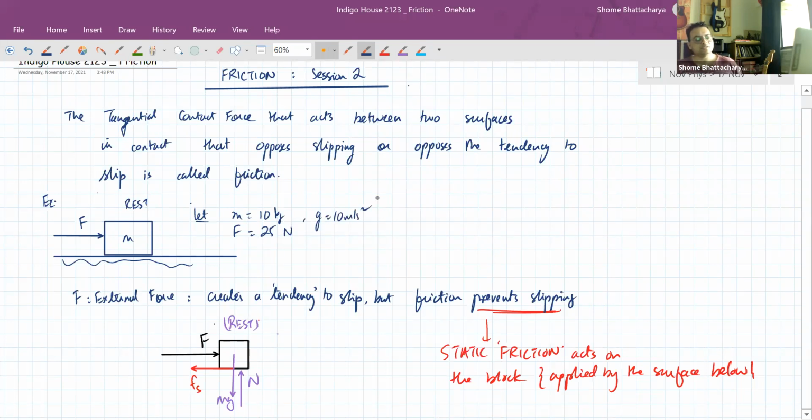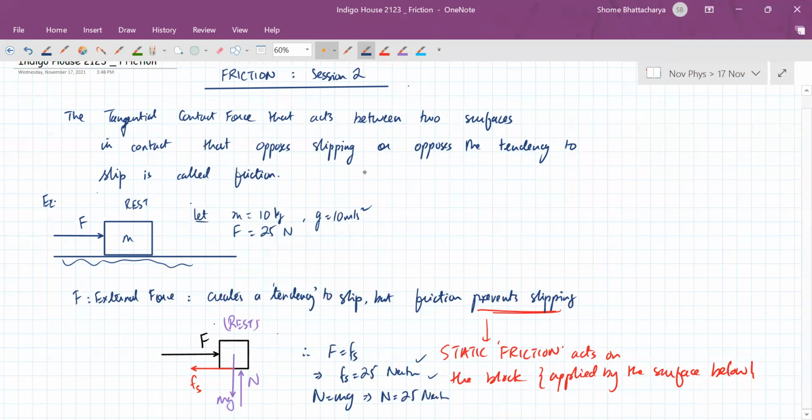The conclusion is that F is balanced by static friction, so the amount of static friction acting is 25 newtons. And normal reaction balances mg, so the normal reaction here is also 25 newtons. So this is what is happening in this case.